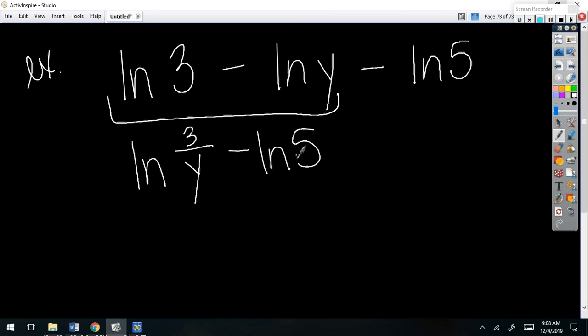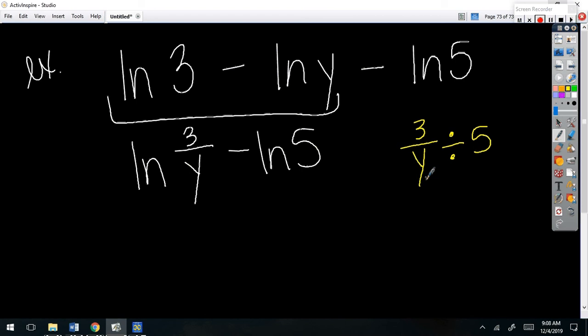Now, here's where you have to think about it. I'm going to come over to the side to show you why this is. If I have 3 divided by y, and I want to divide that by 5, I never divide a fraction by something. What do I do instead? Multiply by the reciprocal.